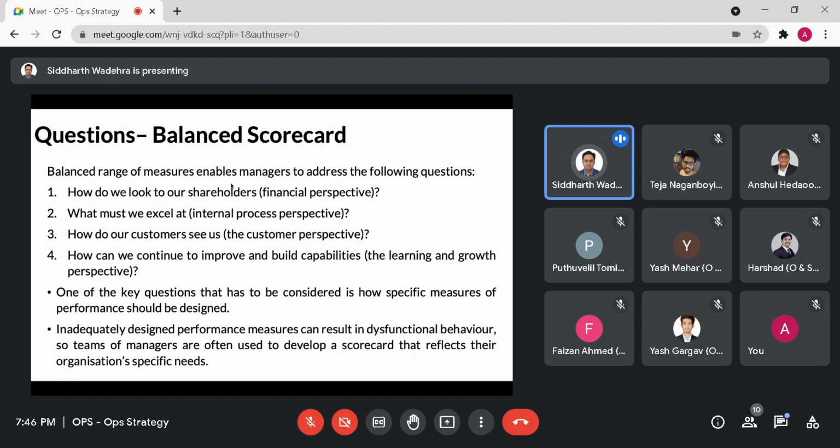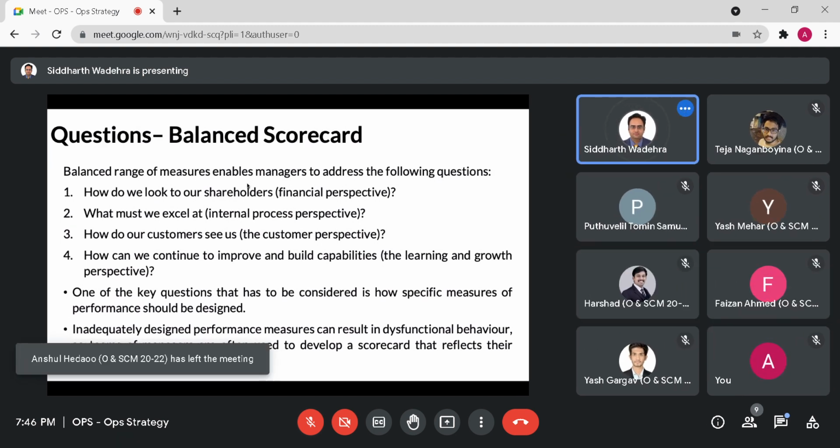There will be a process flow which has to be measured and optimized, and that's something that you must excel at. If you are Singapore Airlines, you will have to excel at providing those specific customer services all the way from the time the passenger is boarding your plane till the time he's leaving the plane, and ensure that you give him the best level of customer service. So what are those specific internal processes that we must excel at?